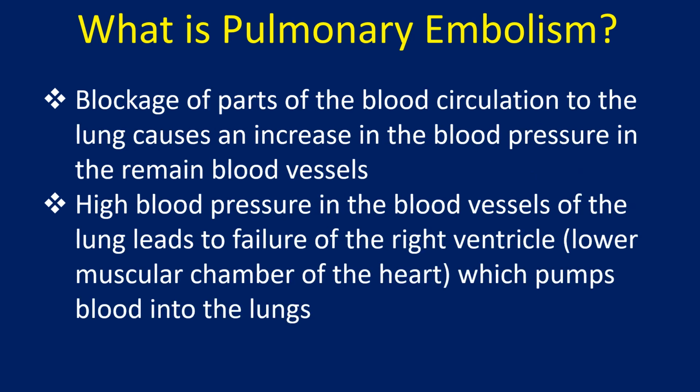Blockage of parts of blood circulation to the lung causes an increase in the blood pressure in the remaining blood vessels. High blood pressure in the blood vessels of the lung leads to failure of the right ventricle, lower muscular chamber of the heart, which pumps blood to the lungs.